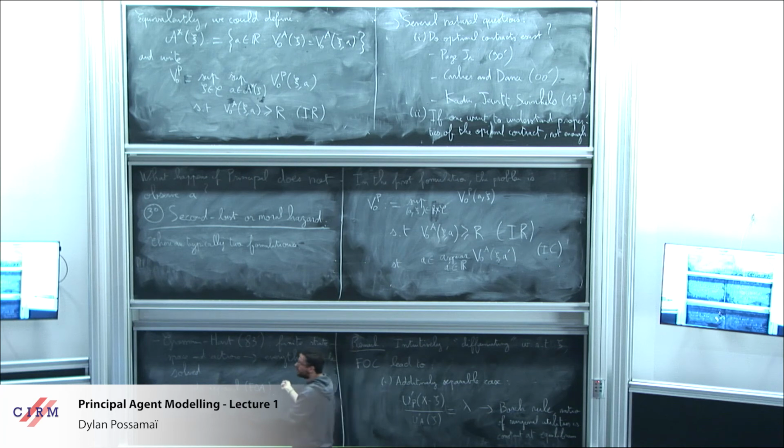What the first order approach does is to say, I am going to replace IC by just saying that the gradient of the utility of the agent at A is 0. So I replace this global optimality condition here by something worse than a local optimality condition. I'm just putting first order conditions.